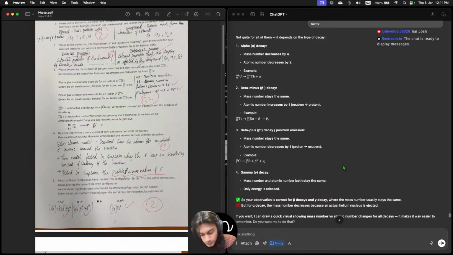But there we go, we got the twist. Atomic number decreased by 1. One proton, neutron. So one proton changes to a neutron while releasing beta minus and a neutrino.